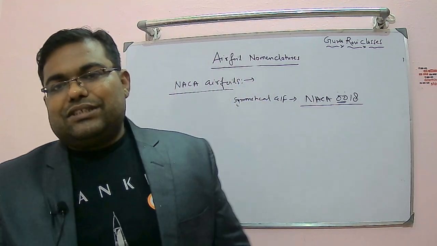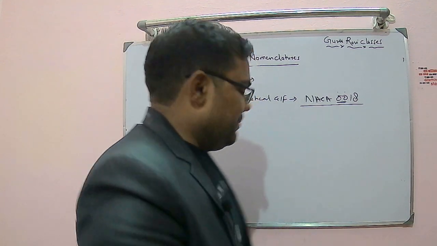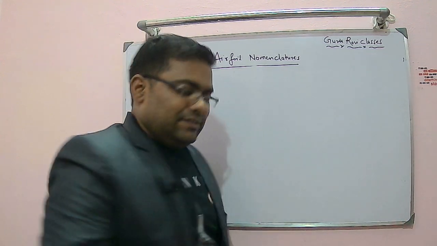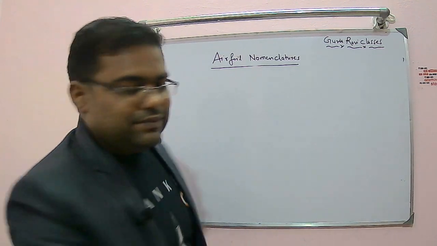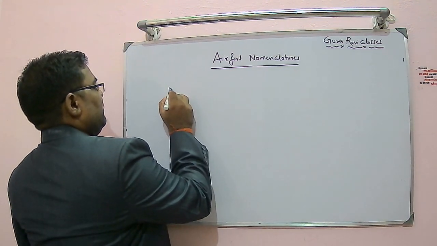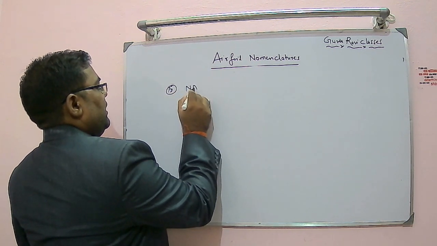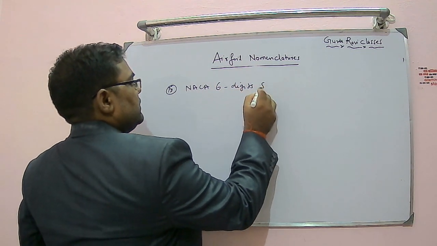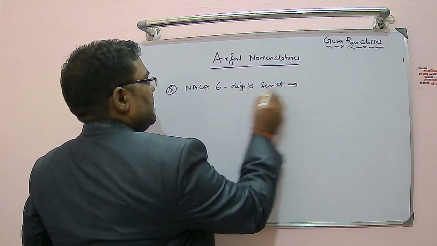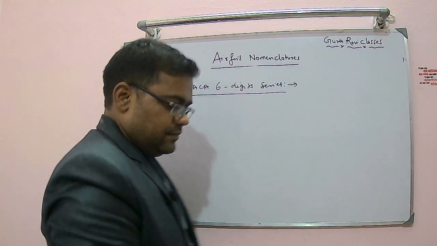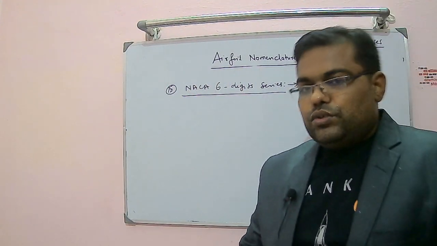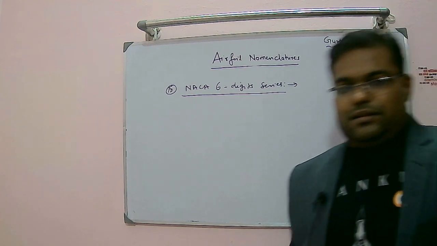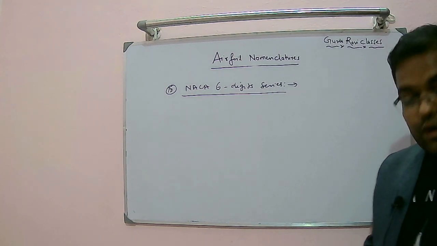If we go to the last family of airfoils given by the NACA, these are the 6 digits. We have seen 5 digit, now 6 digit. So the third family is the NACA 6-digit series, the most widely used airfoil family developed by the NACA in the World War II time.